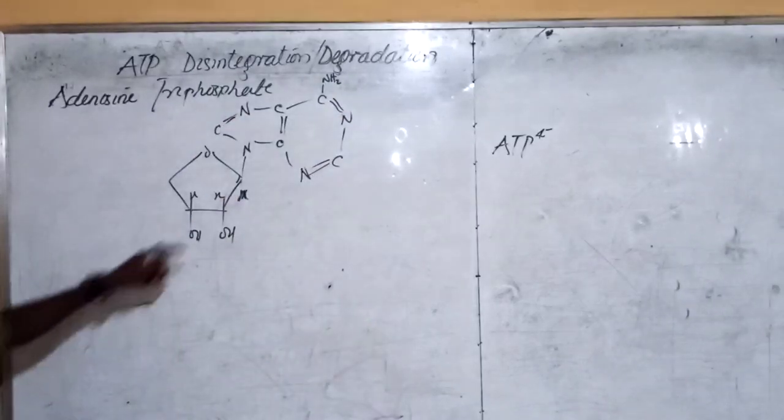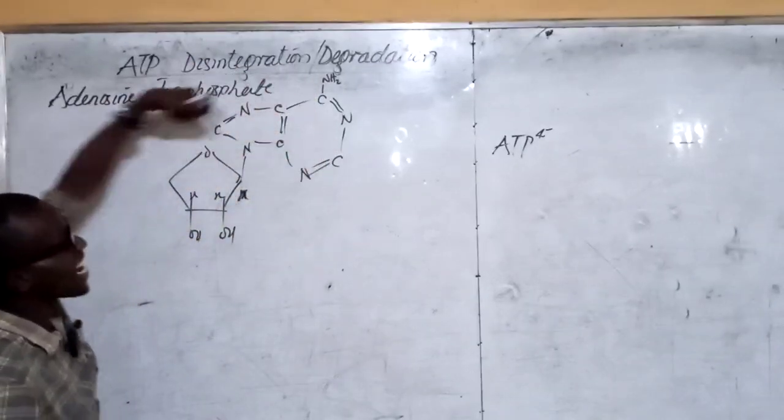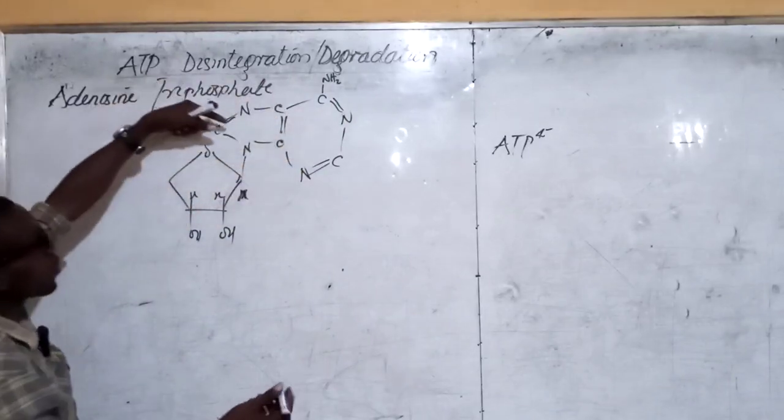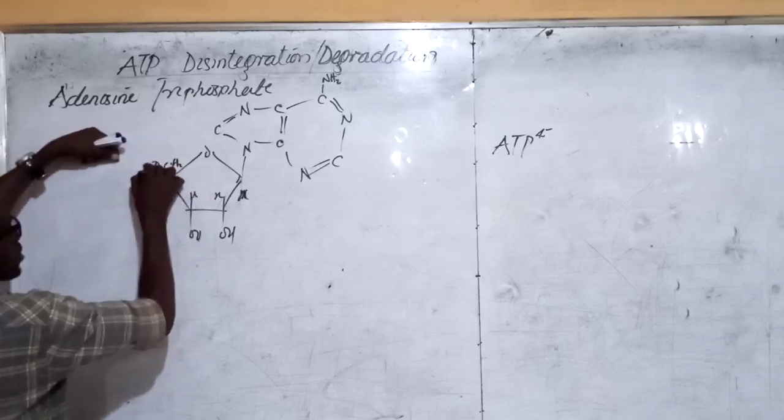This moiety you're looking at here is called adenosine. And why is it called adenosine? Because there's a CH2OH here, is that okay?